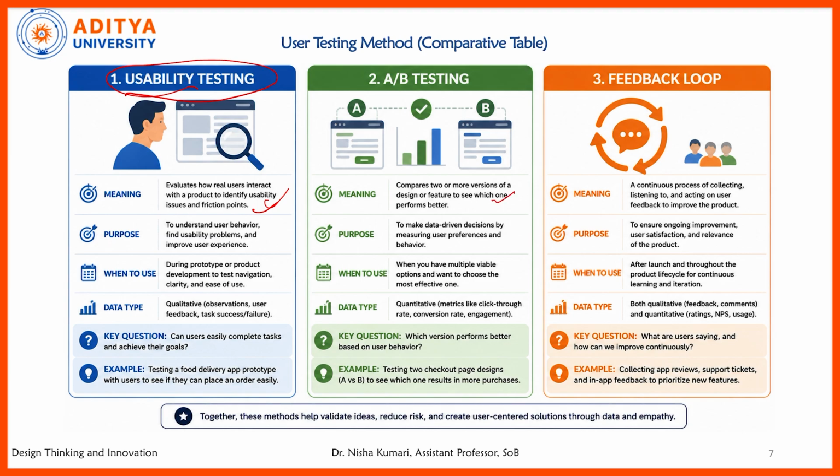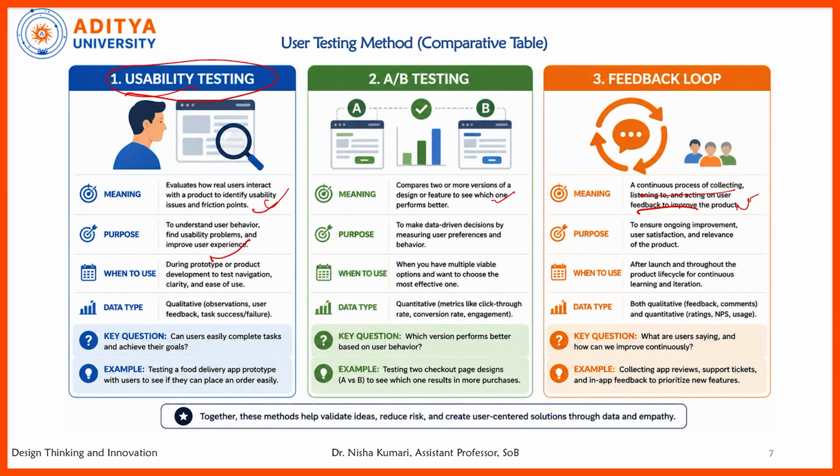Then A/B testing compares two or more versions to get a much better product which gives us a much better positive impact. Then feedback is a continuous process of collecting and listening to our users and understanding what they want from our product or service and implementing those things which are feasible.